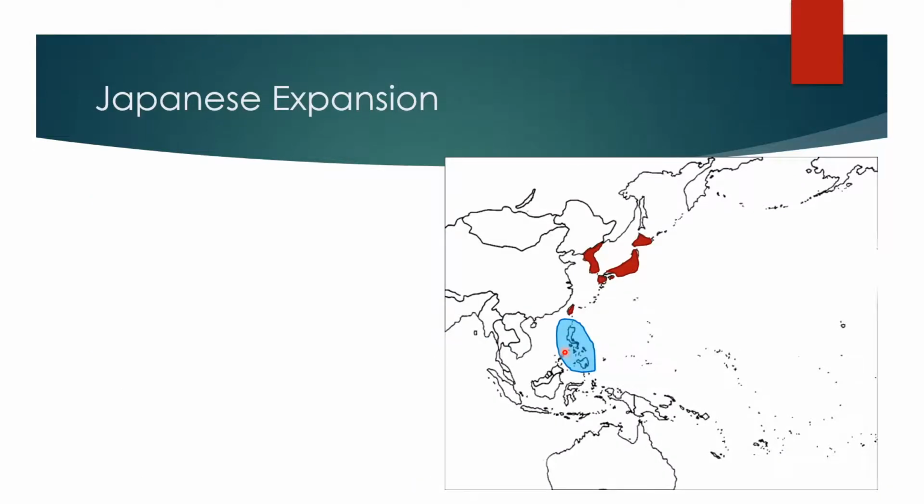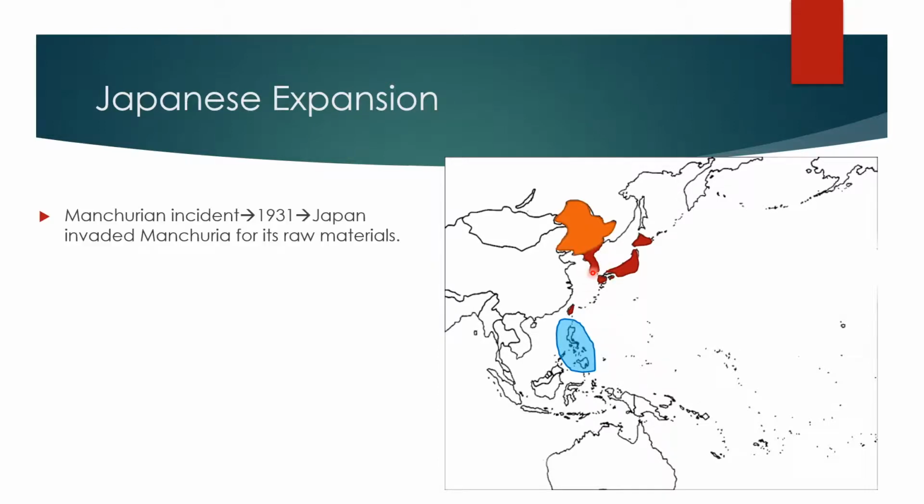On the other side of the globe, though, World War II started a little bit earlier. So Japan, after World War I, has its main islands, but it also has territory in what is now Korea. In 1931, Japan stages an incident where a bridge explodes, and they use that incident to invade Manchuria, which is this area in orange.